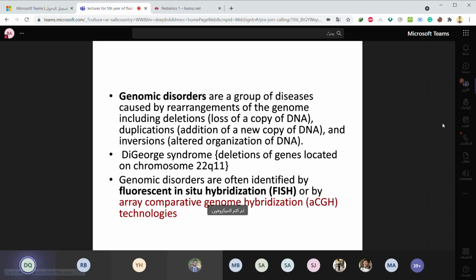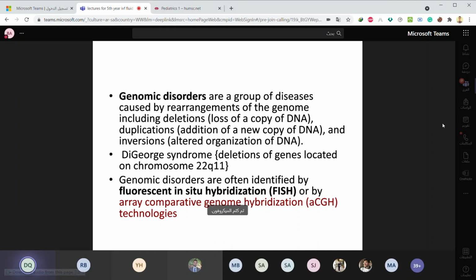Genomic disorders are a group of diseases caused by rearrangement of the genome, including deletion, loss of a copy of DNA, duplication, addition of a new copy of DNA, and inversion, altered organization of DNA. DiGeorge syndrome, for example, is a deletion of genes located on chromosome 22q11.